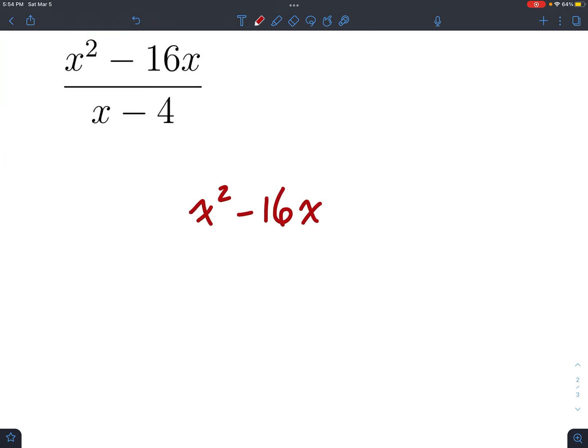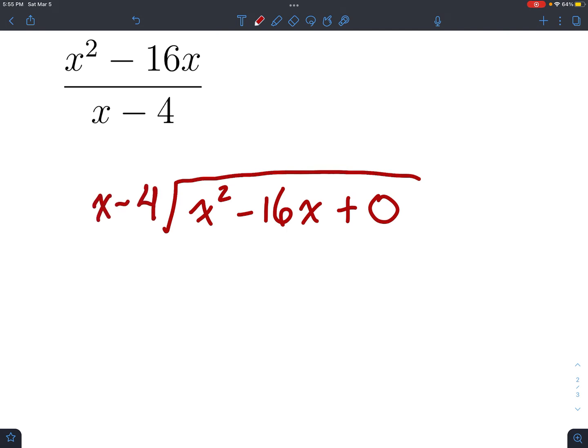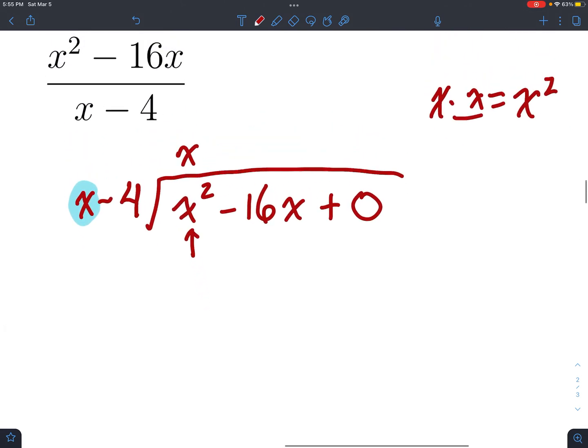We're missing a constant term, so I'll go ahead and put a plus 0. Not always necessary to put the 0 at the end, but we'll do it just because we don't want to have any other special rules, so let's just do it every time. Question. We're here, and we always look at the leading. So x times what is x squared? X. Of course, we've answered that question about 4 times. Multiply.